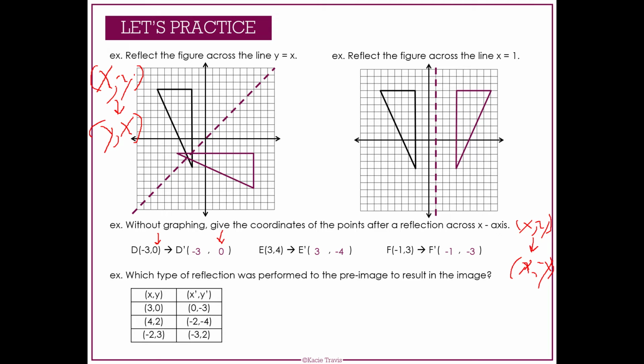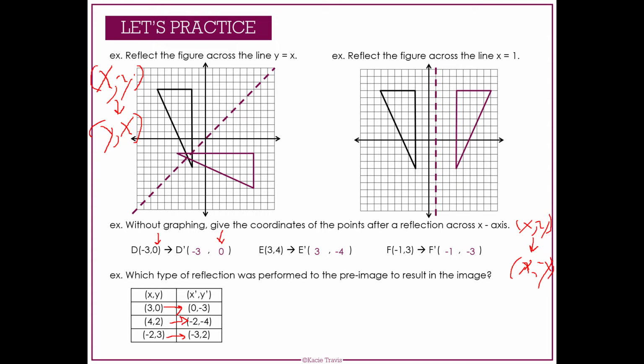So, note the change that's happening here, okay? Let's see if that change is continuing on. We had 4, 2. Now we have -4 in place of where the 2 was, and -2 in place where the 4 was. And then for our last one, we got -2, 3. Now we have -3, 2. So, what changed?